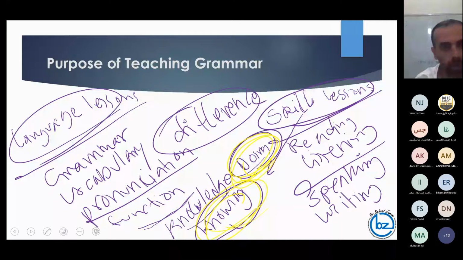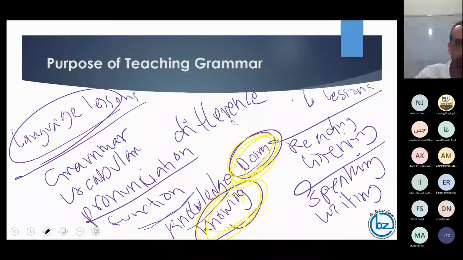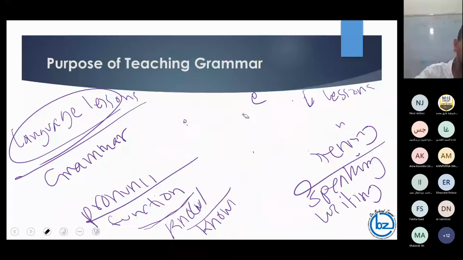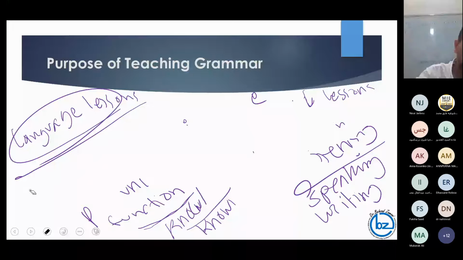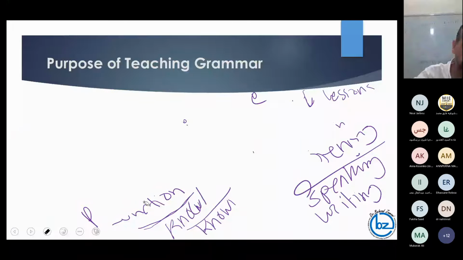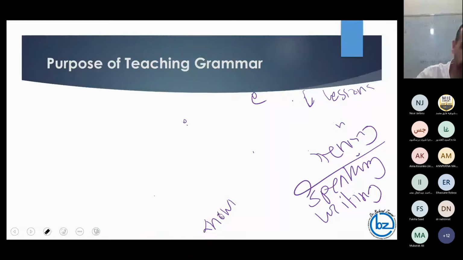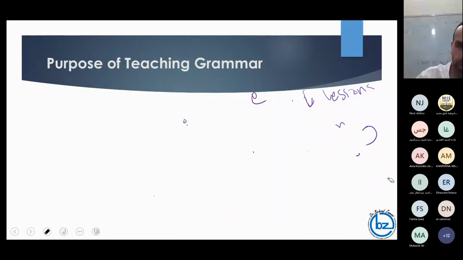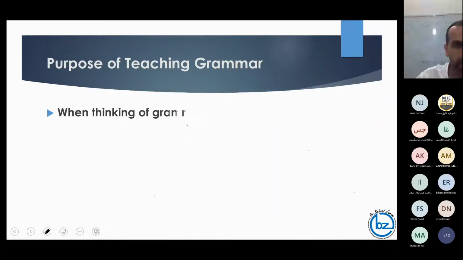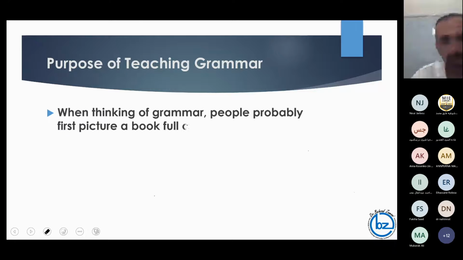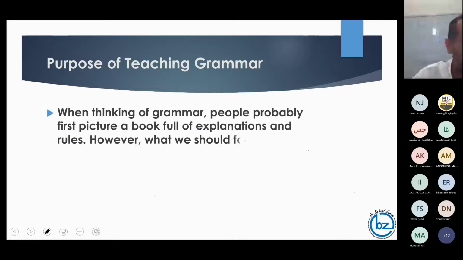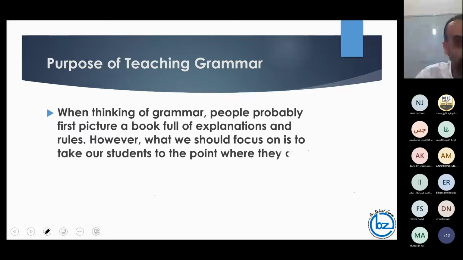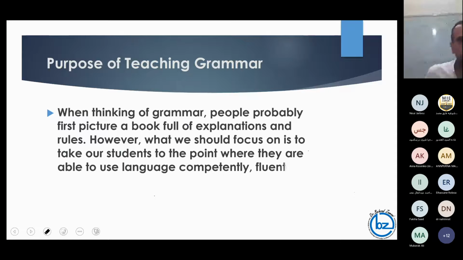So far, so fair. And now, let's just do it. I'm using my whiteboard here. Now, what is the purpose of teaching grammar? When people think of the first big picture of a book, it is full of explanation and rules.